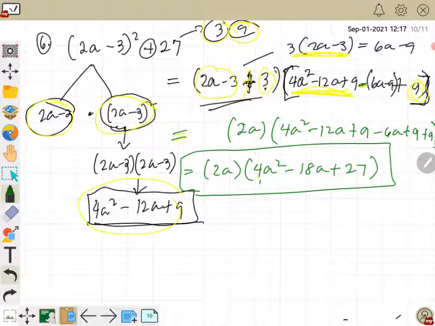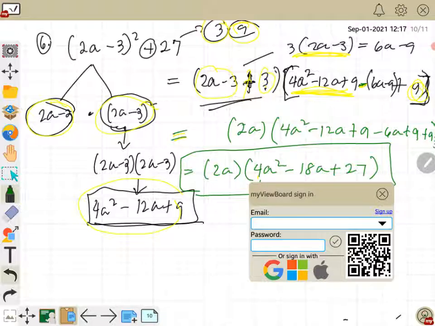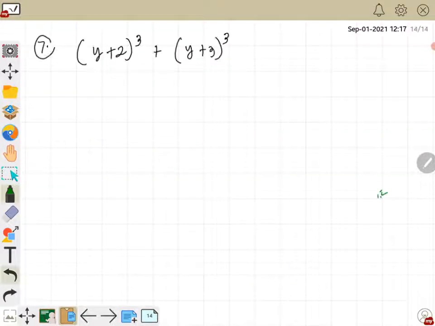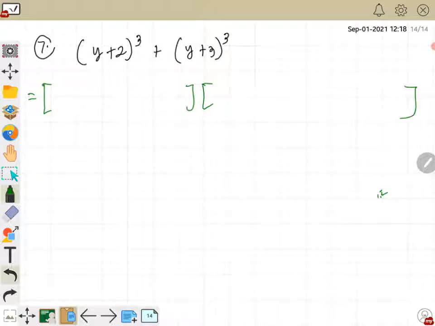Okay, so again, let's continue with our last problem, which is number 7. We have this one. So it will become a little bit bigger. y plus 2 cube, it's like saying y plus 2, then another y plus 2 square here.